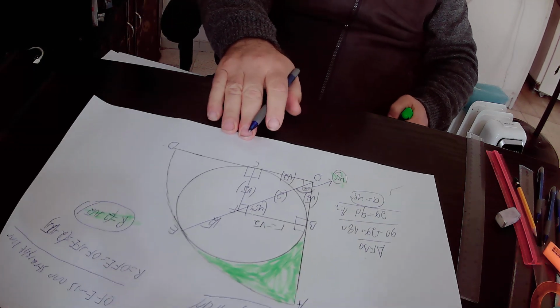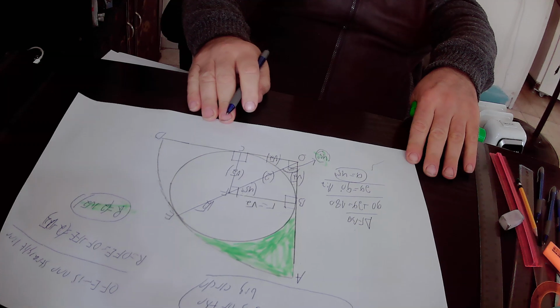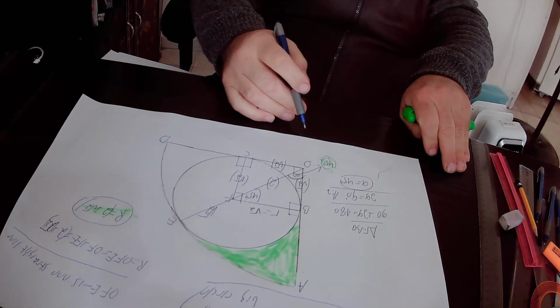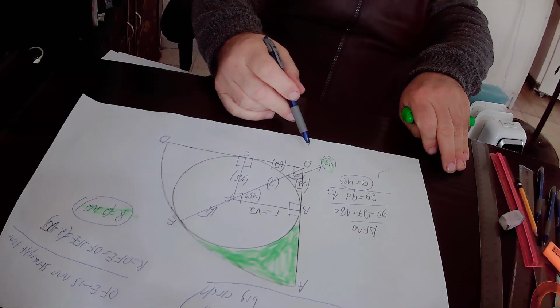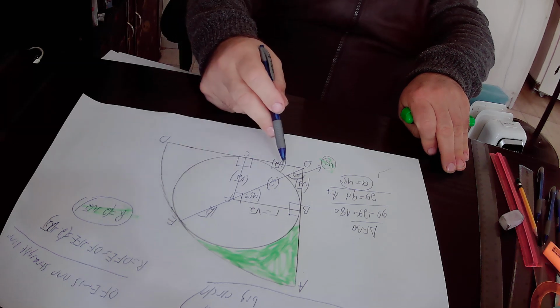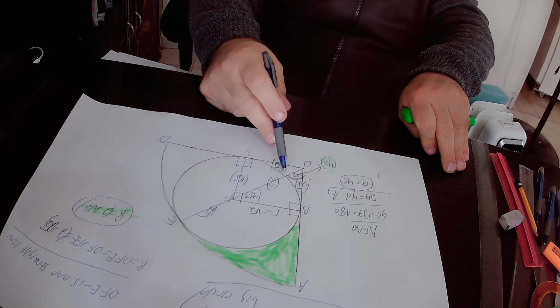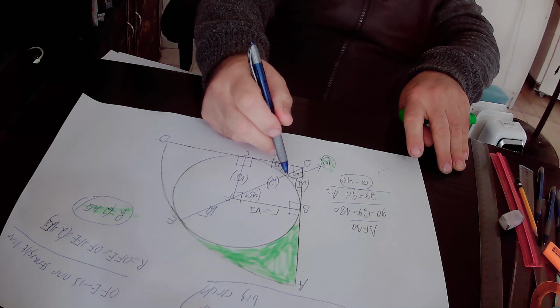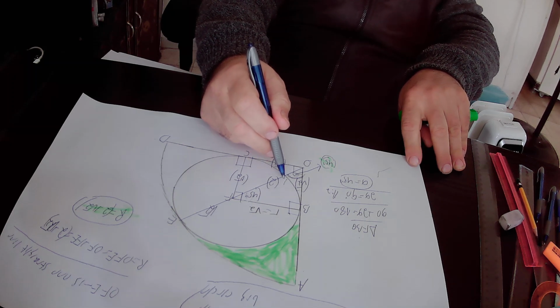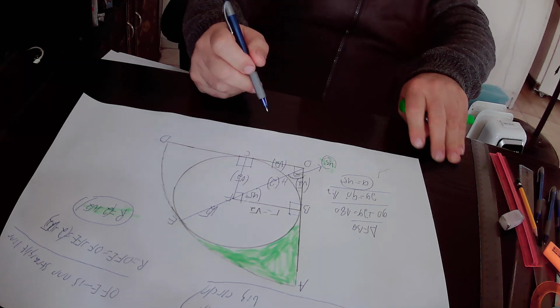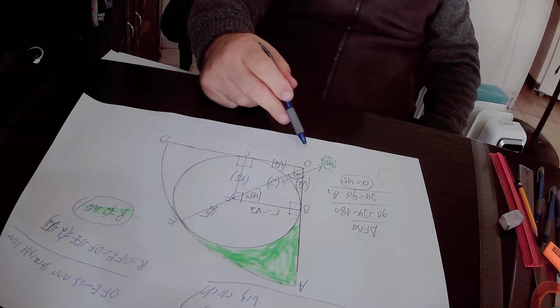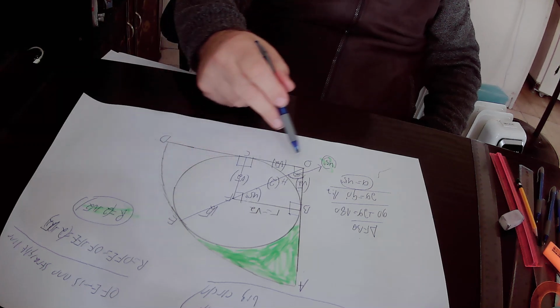We will define the intersection point between line segment OFE and this small circle. We define this point as H. So we know that OFE is one straight line.